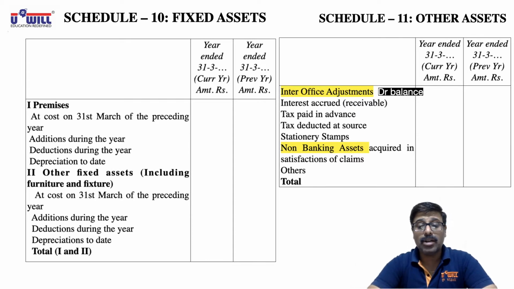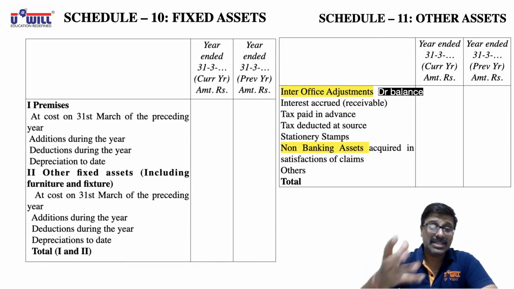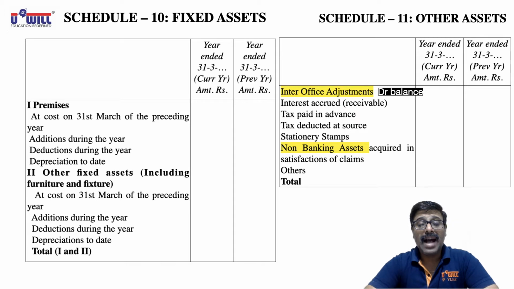Then we have interest accrued, meaning outstanding income, tax paid in advance, tax deducted at source, stationery and stamps, non-banking assets acquired in satisfaction of claims. Now what are these non-banking assets? If the bank gives a loan to anyone and that person becomes bankrupt, what will the bank do? The bank will take that person's assets which were hypothecated or mortgaged with the bank.